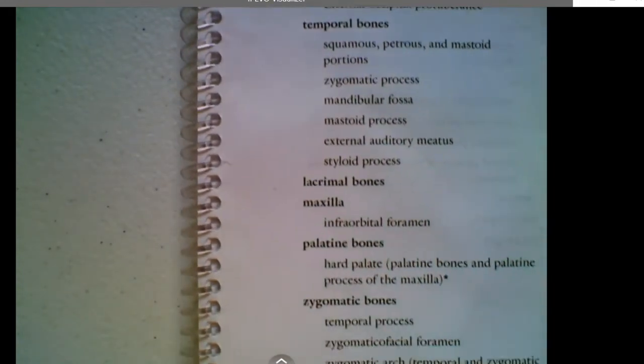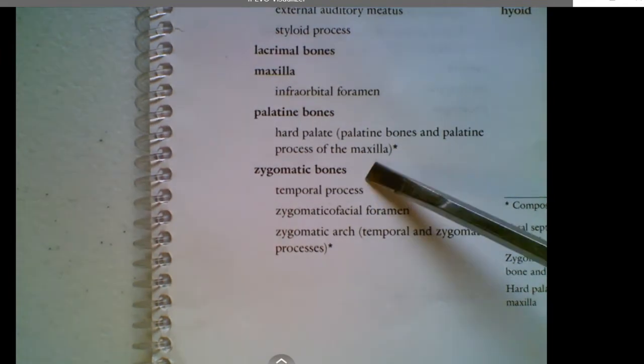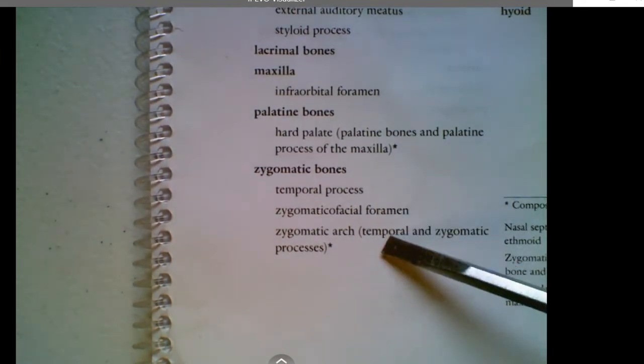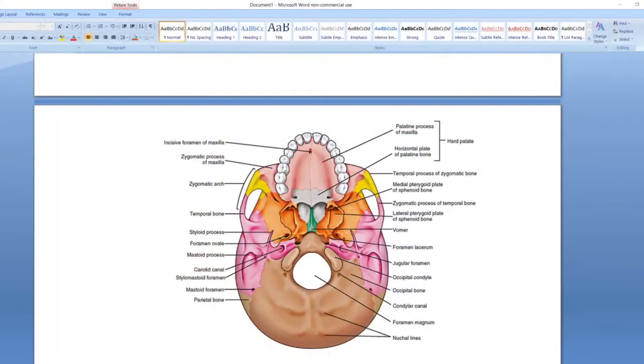Okay, so the palatine bones. Now we've got this next bone called the zygomatic bone. Kind of a funny name. It's got several structures that we need to know along with the zygomatic bone. And the zygomatic bone is essentially your cheek.